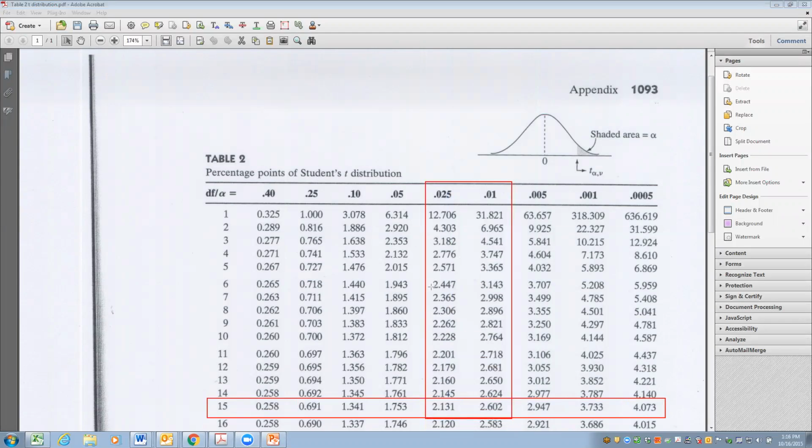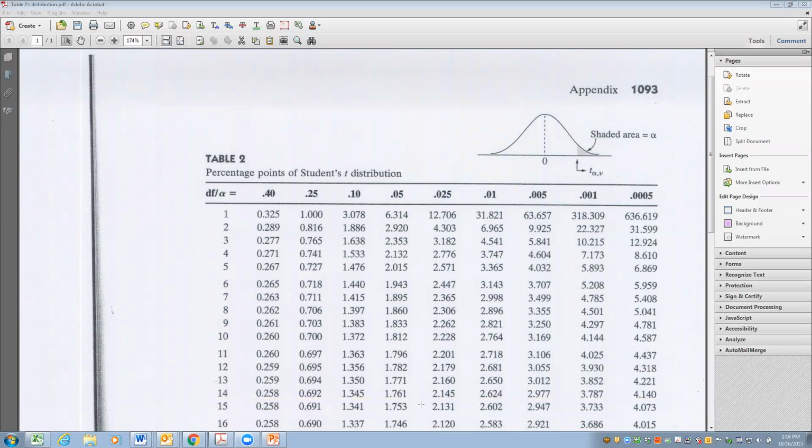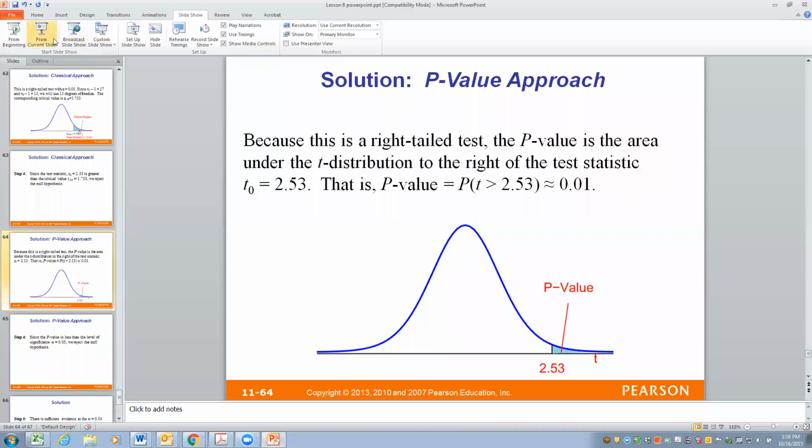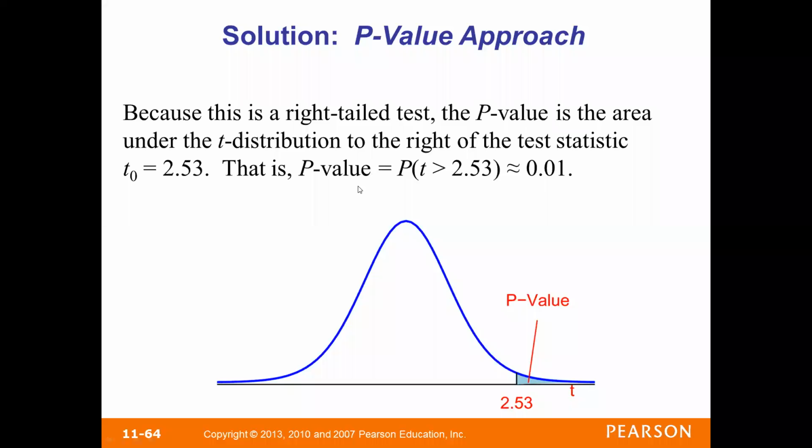So we know that the p-value is somewhere between 0.01 and 0.025.